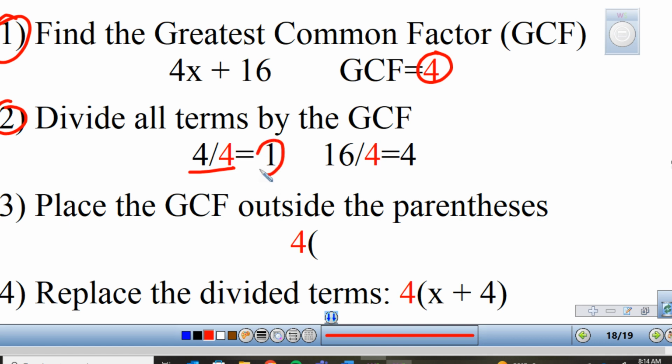So 4x divided by 4 gives us x, and 16 divided by 4 gives us 4. For the third step, we're going to place the GCF outside of the parentheses. Then we replace the divided terms. So our answer is 4 times x plus 4.